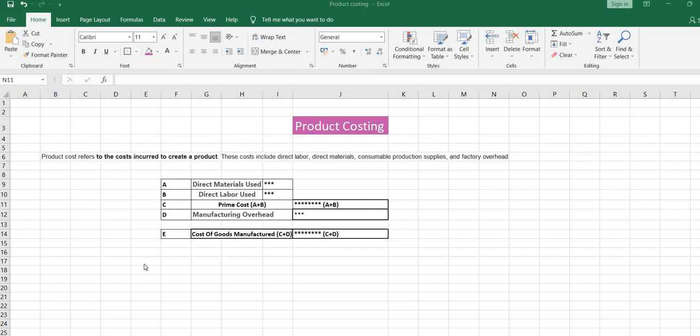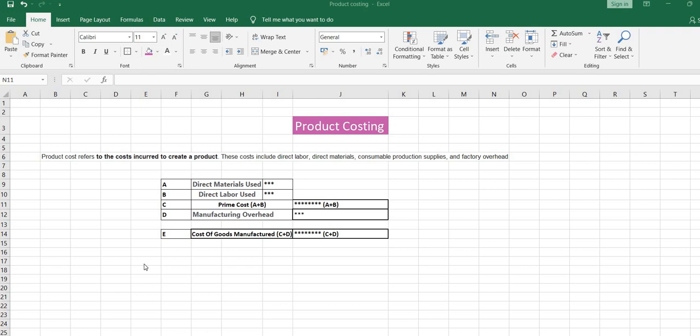Product costing, as the name suggests, is nothing but calculating the total costs incurred to create a product. These total costs can be many things: direct material charges, direct labor charges, and other factory overhead charges.